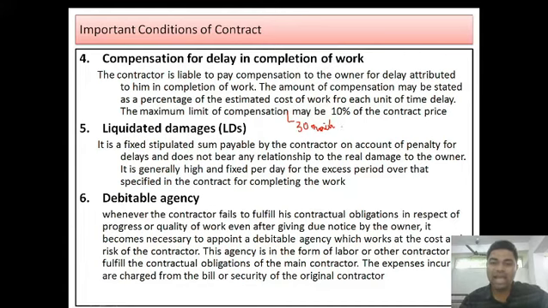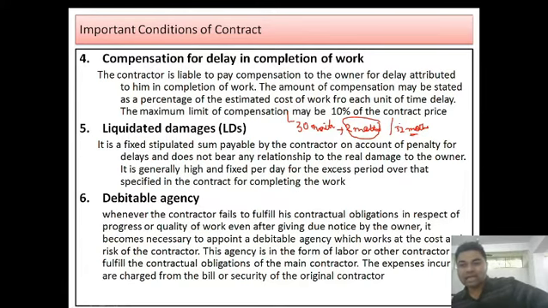And if he has an extension of time for 2 months, which is granted by the owner free of cost without laying the penalty, and at the end of 32 months the contractor is still not fulfilling the work, whereas in the contract document he estimated the time of completion of the project as 30 months only, then the owner can lay a penalty or may ask for compensation for the delay in completion of the work, up to 10% of the actual contract price.